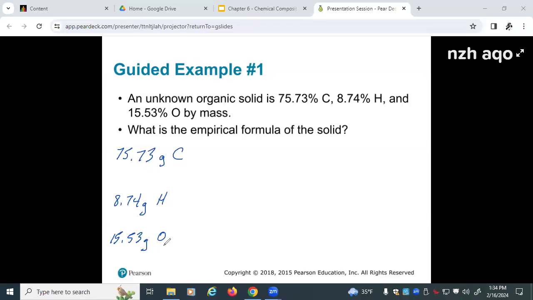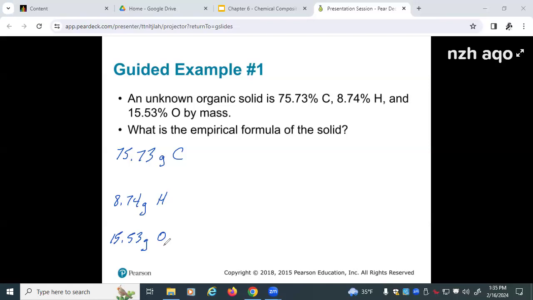So all I've done in this first step is just taken those percentages and converted them into grams. And what I'm using there is basically just the definition of percent. Percent means part of 100. I can turn those into grams by pretending I had 100 grams of the sample.